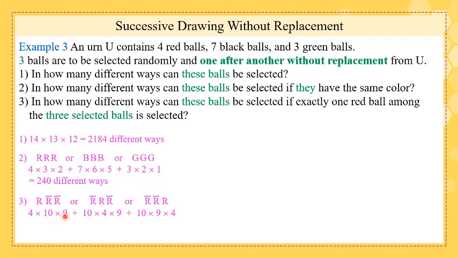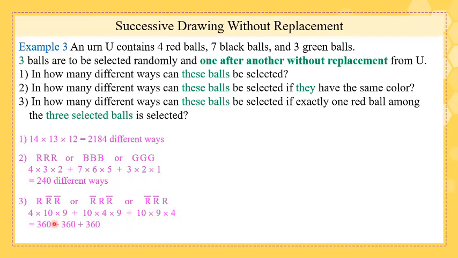Remember, it decreases by 1 because we are choosing the balls successively without replacement. Now OR, which is a plus. The first ball could be non-red, so 10. The second one is red, which is 4, and the third is non-red, which is 9. And similarly for the third case.